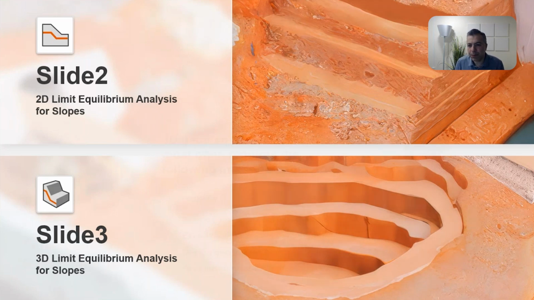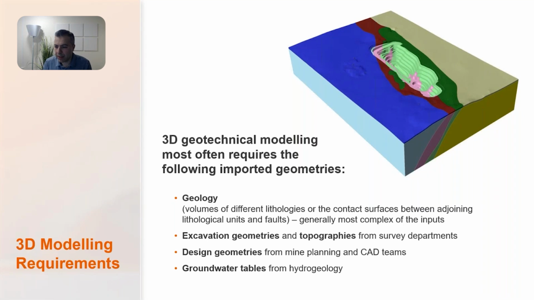So, before going to the block model section, let's start with general 3D geotechnical modeling. And we get to the block model after this. So, when you do 3D modeling in general, you most often require a couple of geometries imported to your model.